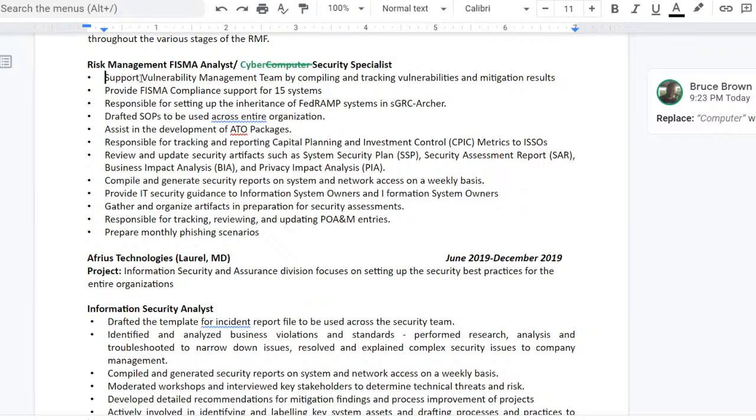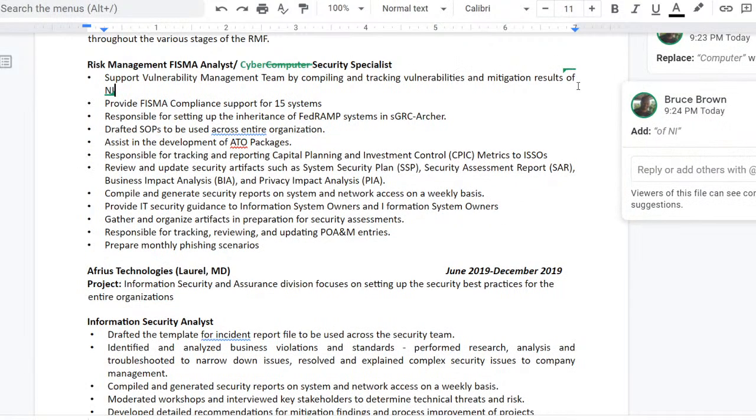Next part is support vulnerability management team. Okay, that's really good. By compiling and tracking vulnerabilities and mitigating results of Nessus. This is another opportunity to put more Nessus. See what I'm doing? I'm putting very specific tools that way.